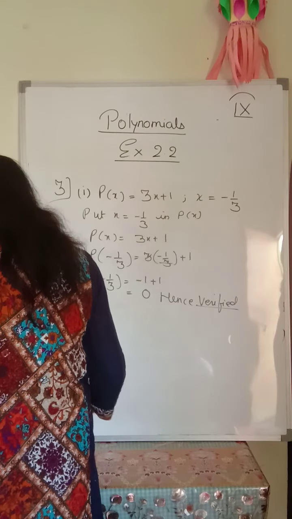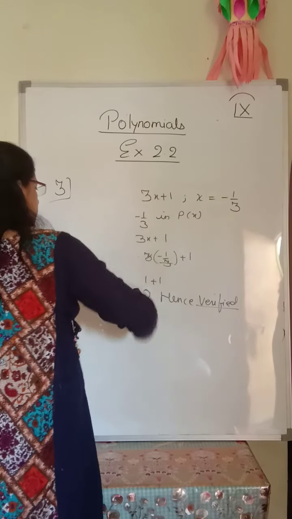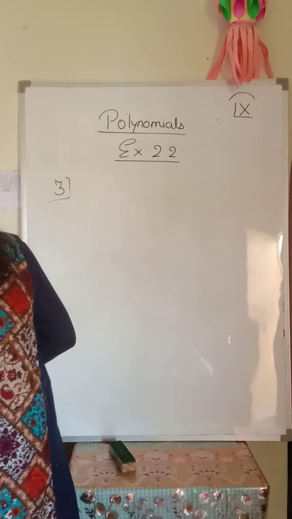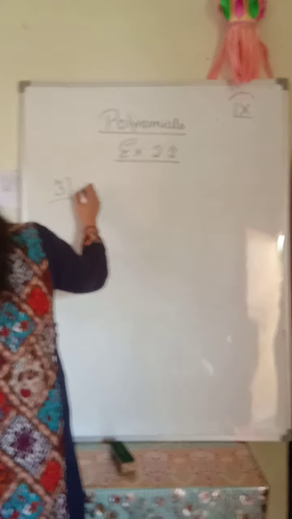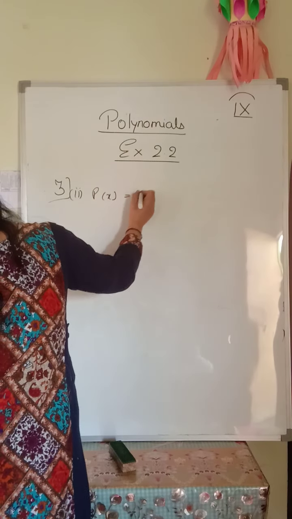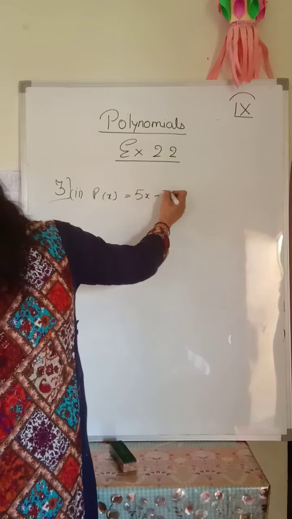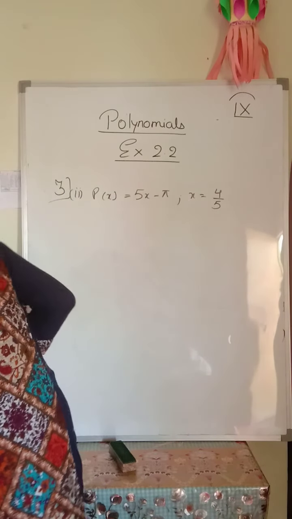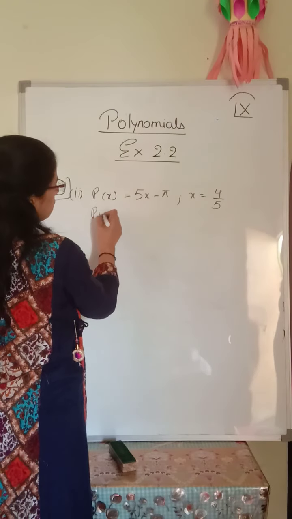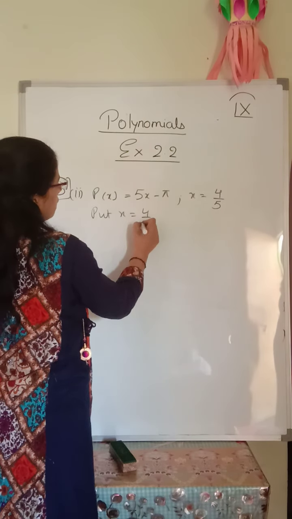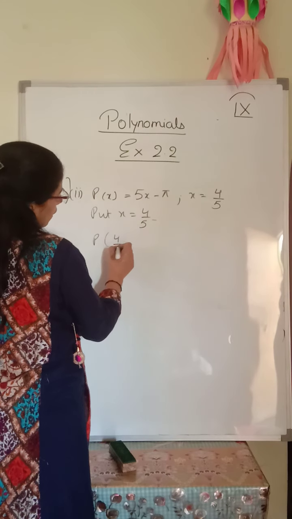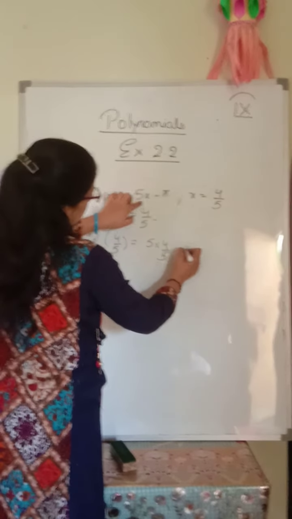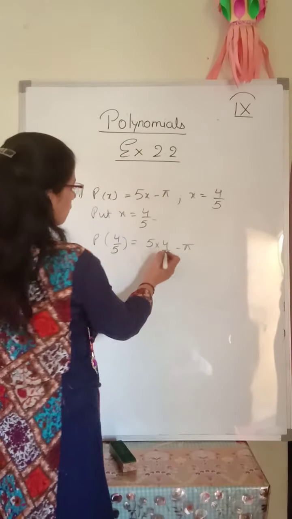Let us do the second part. Second part is given to you, p of x equals to 5x minus pi for x is equals to 4 upon 5. Okay, so put x is equals to 4 upon 5. So p of 4 upon 5 is equals to 5 into 4 upon 5 minus pi. 5 to 5 cancel.